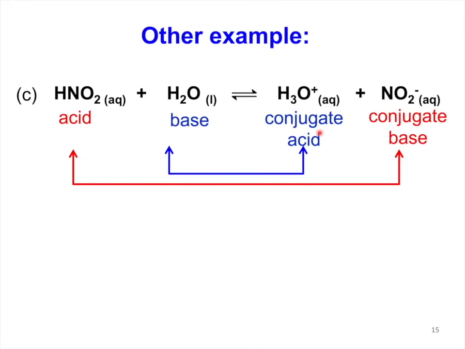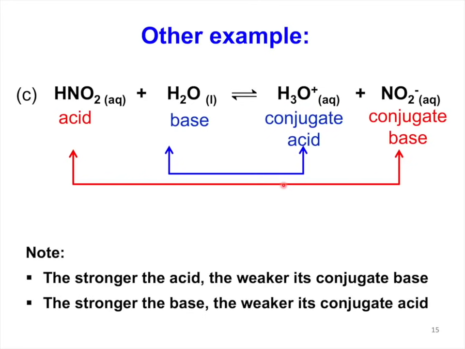NO2- here is a conjugate base of acid. H2O is a base, so it will accept a proton to become H3O+. So H3O+ here is a conjugate acid of base. Please note that the stronger the acid, the weaker its conjugate base, and the stronger the base, the weaker its conjugate acid.